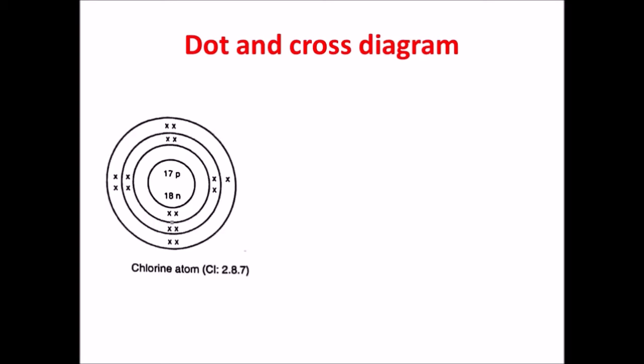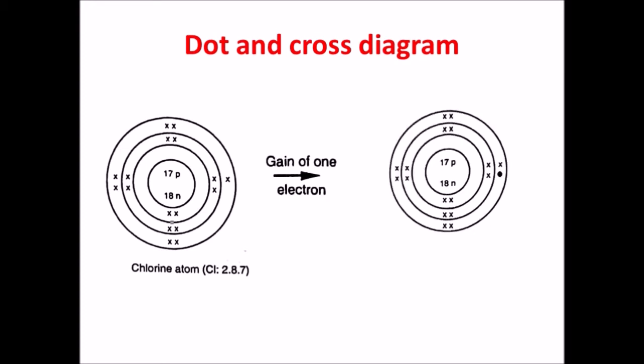So consider the chlorine atom. The innermost energy level has got 2 electrons. The second energy level has got 8 electrons, and the outermost has got 7 electrons. So to complete that to 8, it requires to gain 1 electron to complete 2, 8, 8.